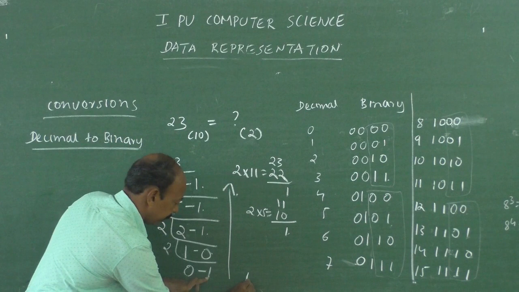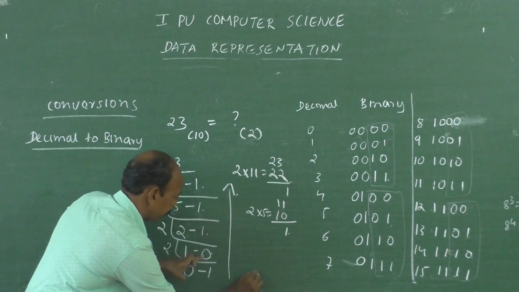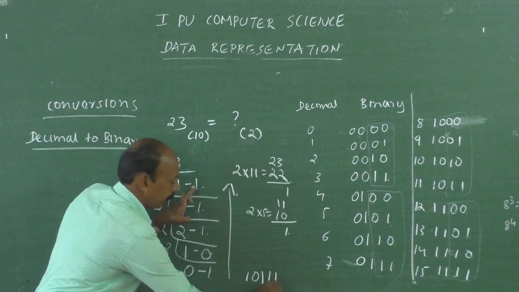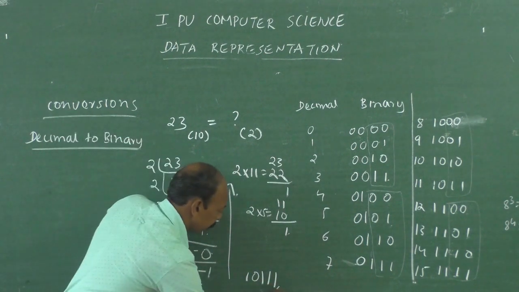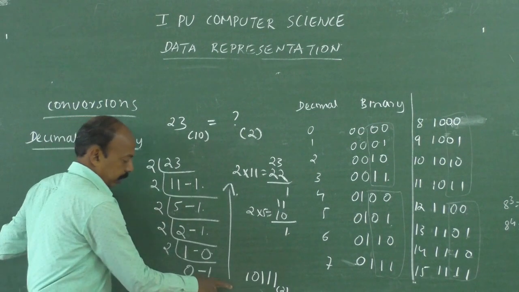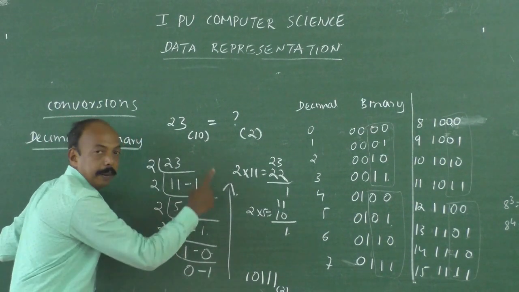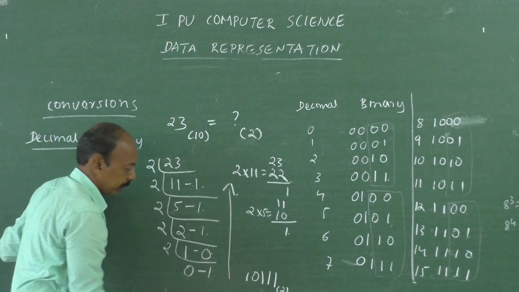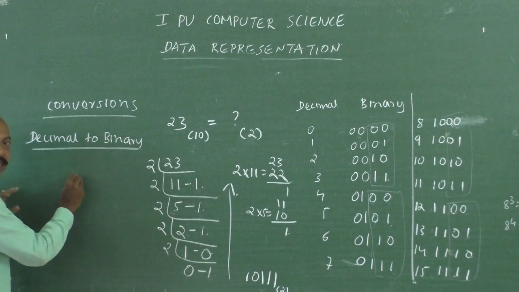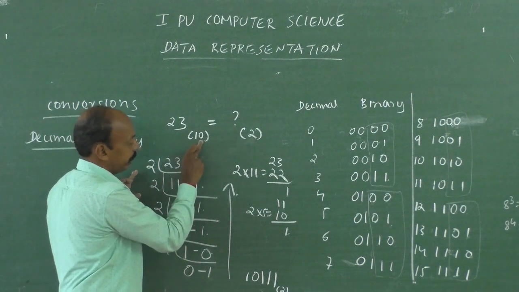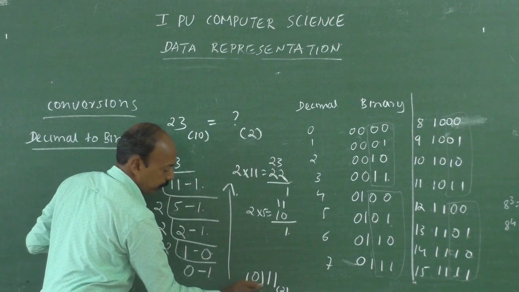That's 1, then comes 0, then comes 1, then comes 1, then 1, to the base 2. Bottom up. This way we have to write, not this way. So what we can say here is 23 to the base 10 is equal to 10111.